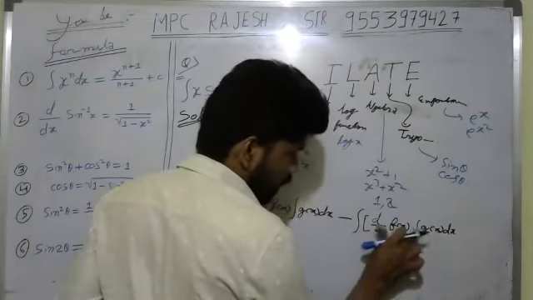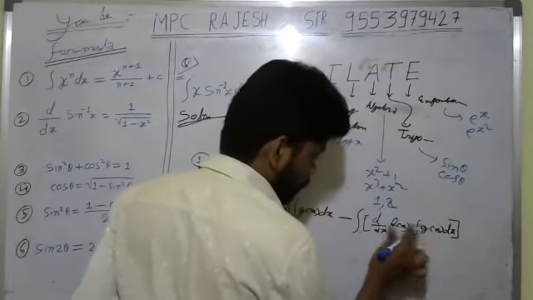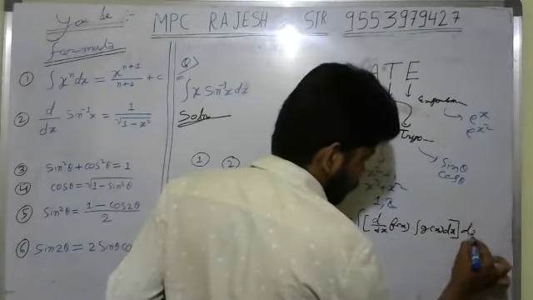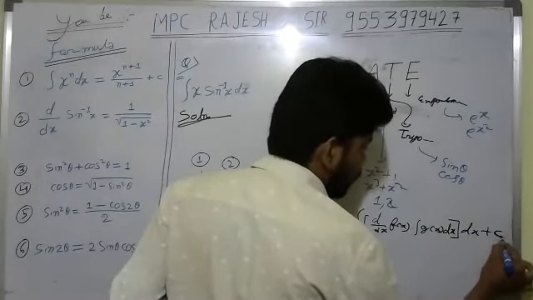Differentiate the first function, integrate the second function, both will come as a product, close the bracket, and integrate that. And after that, plus C will always come.